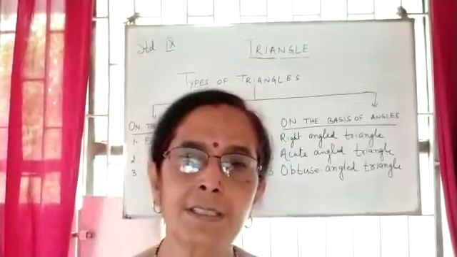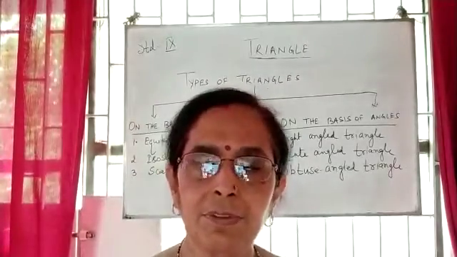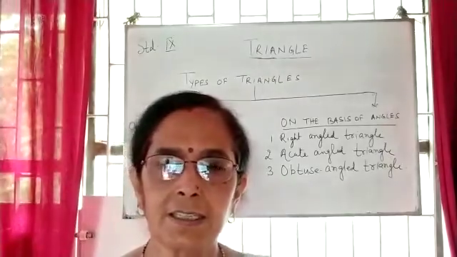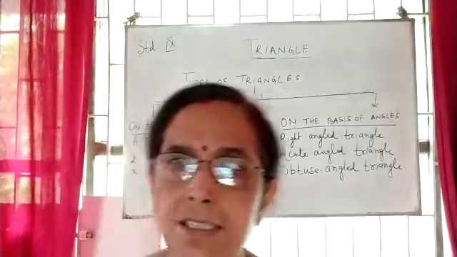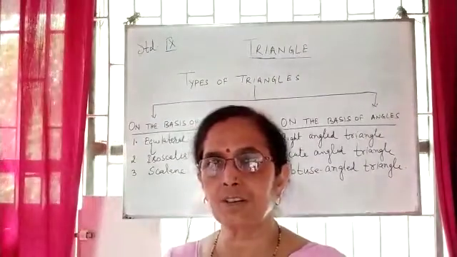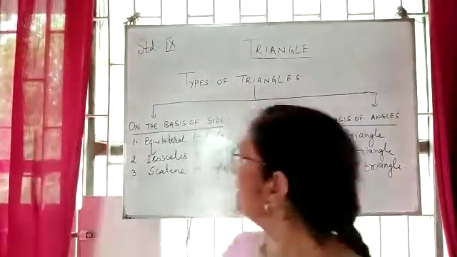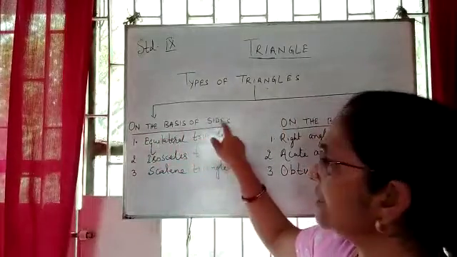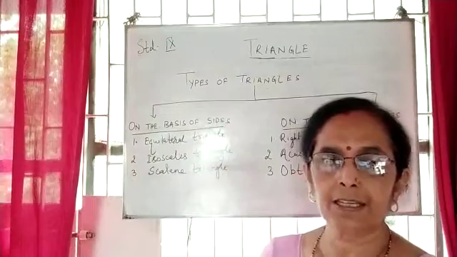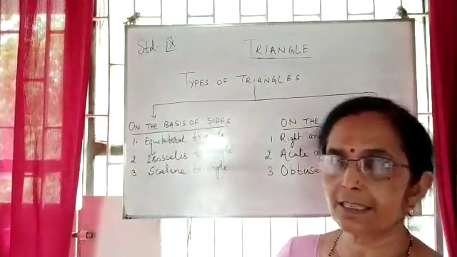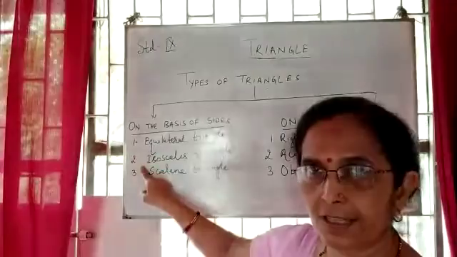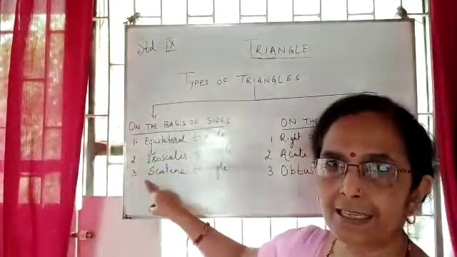And now students, we will see the various kinds of triangle. We will study it under 2 categories: triangles on the basis of measure of sides and triangles on the basis of measure of angles. Now, triangles on the basis of measure of sides. We have 3 different types of triangle on the basis of measure of sides. The first is equilateral triangle, the second is isosceles triangle, and the third is scalene triangle.